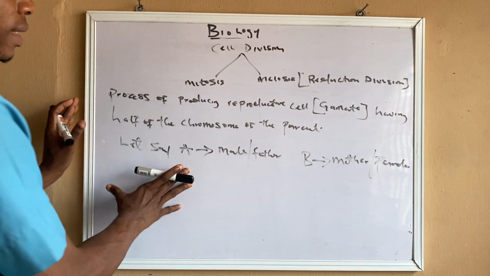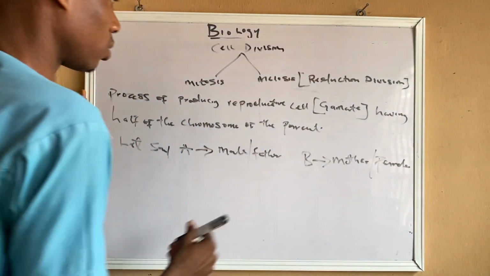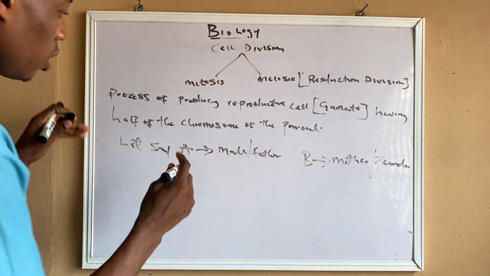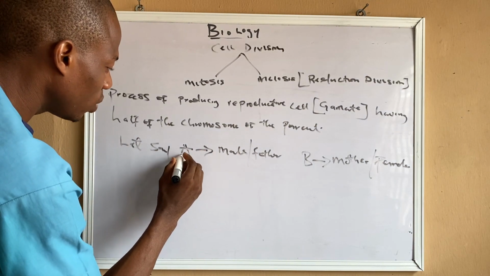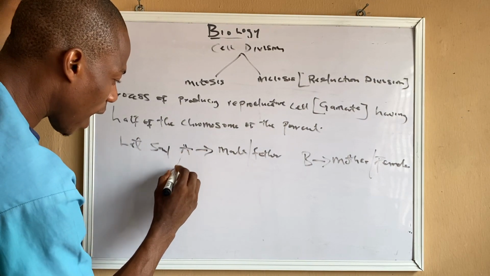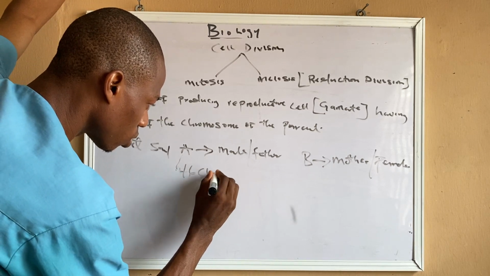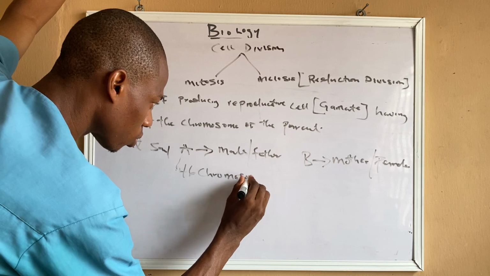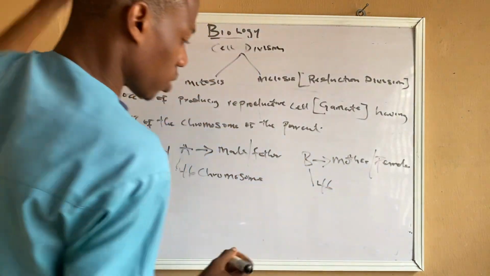We all know that every individual has 46 chromosomes. Likewise, the mother has 46 chromosomes, right?